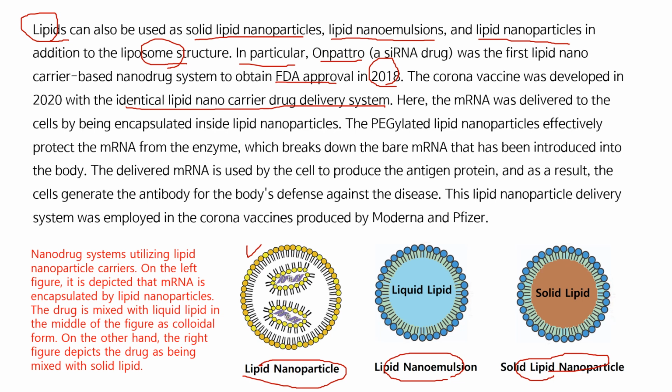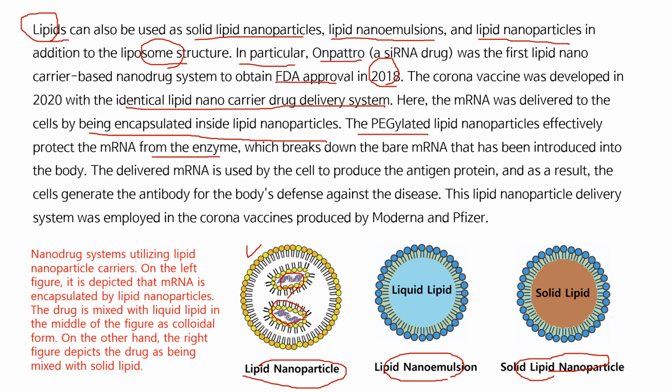Here, mRNA was delivered to the cells by being encapsulated inside lipid nanoparticles, this way. The pegylated lipid nanoparticles effectively protect mRNA from the enzyme which breaks down the bare mRNA that has been introduced into the body.